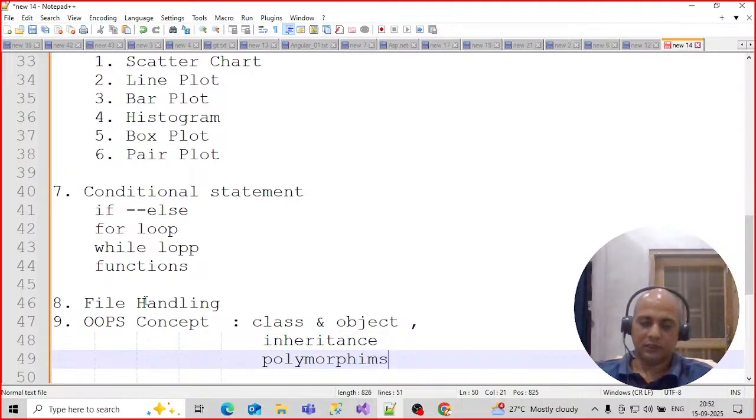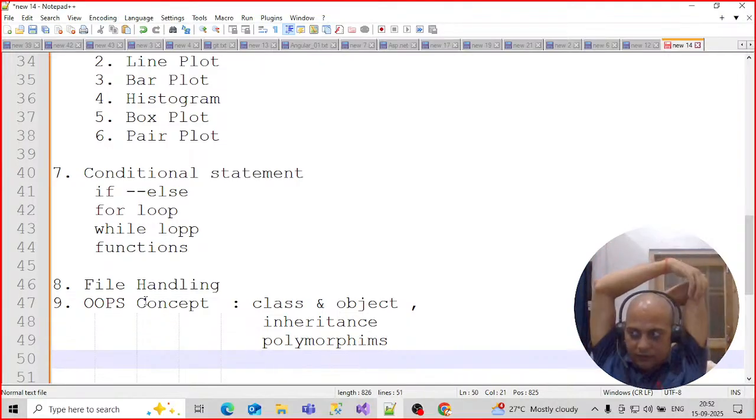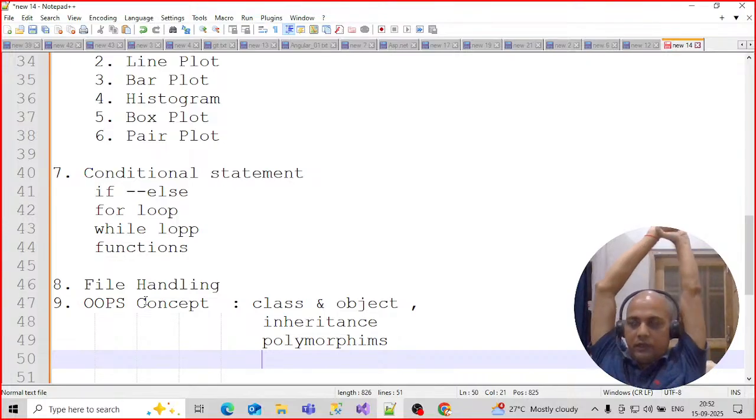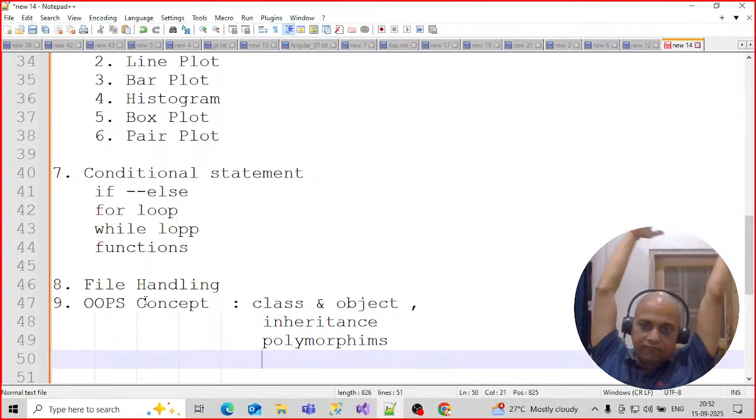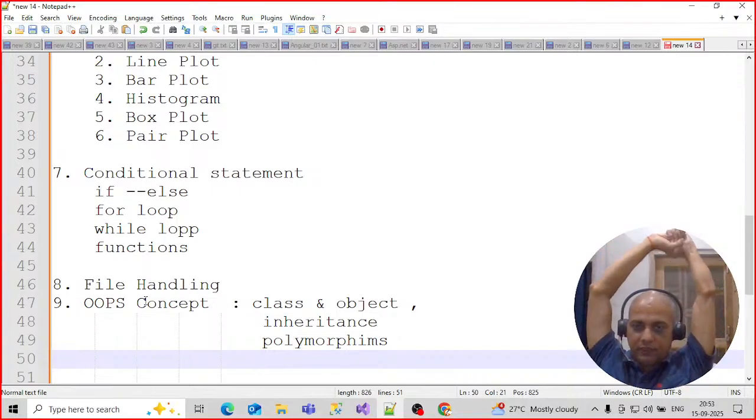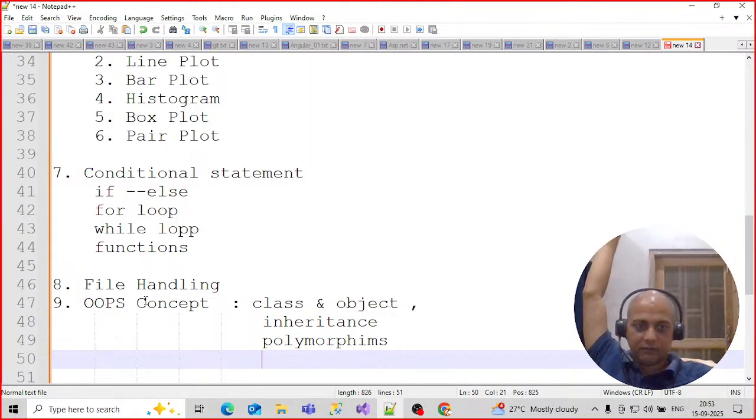So OOPS concept is available in all high level languages, like C++ and Java. The writing syntax is different, but in terms of concept, most of the time these are the same.